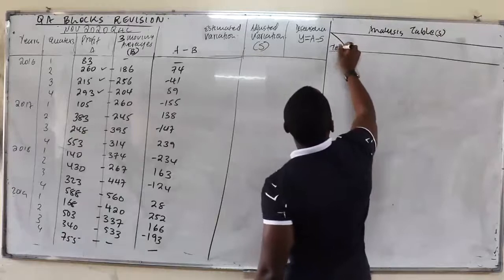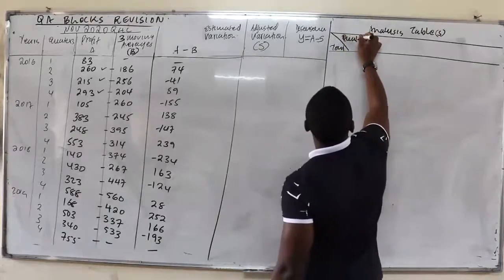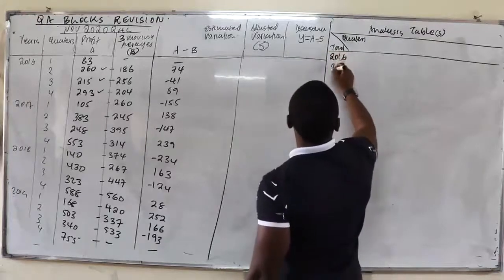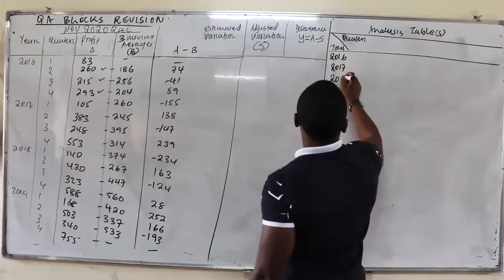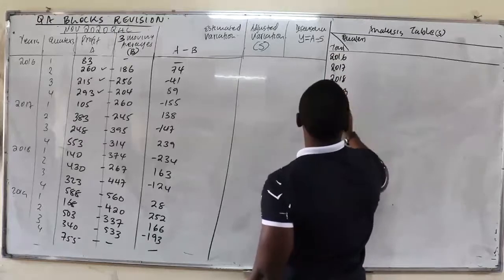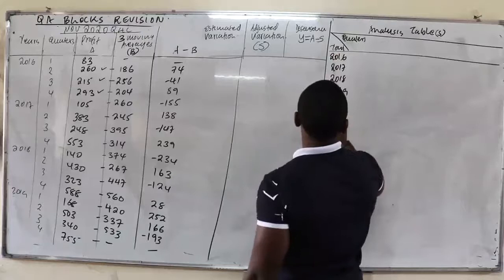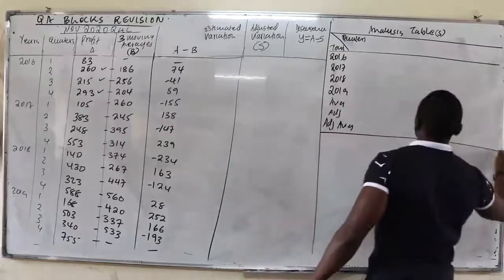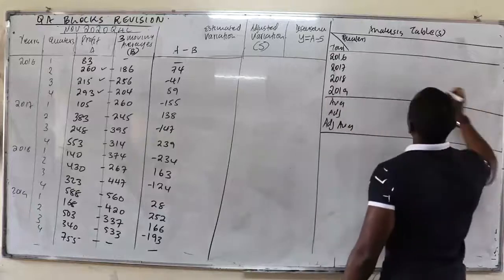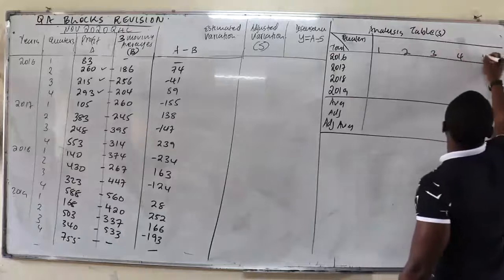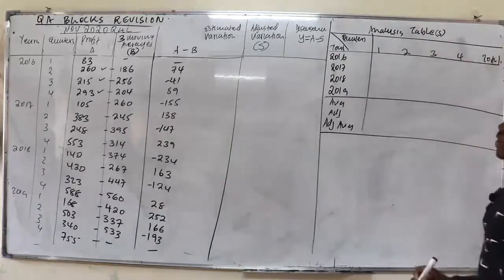So here's quarters. So you had here 2016, 2017, 2018, 2019. Then you get the average. Then we adjust so that we get the adjusted averages. We had quarter 1, quarter 2, quarter 3, quarter 4, and then we have the totals.